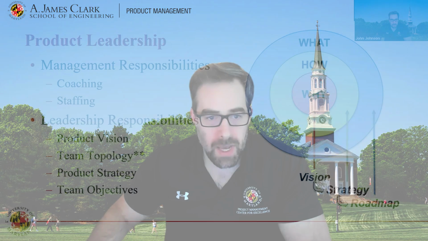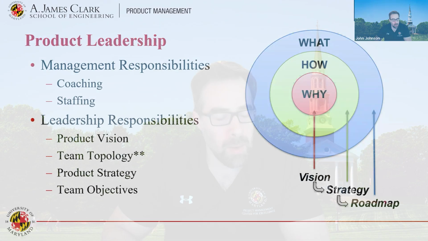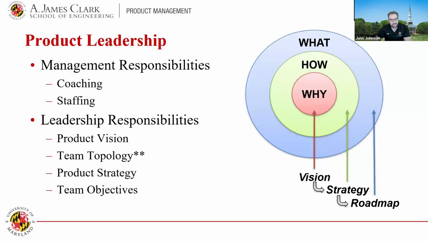And then there's one more person who needs to be talked about, and that is the product leader. And the product leader is something that requires significant amount of training and retraining. Product leaders have a number of different responsibilities that make them capable of creating empowered product teams and growing empowered product teams. The first part is they need to be great at coaching and working with people to develop their skills.